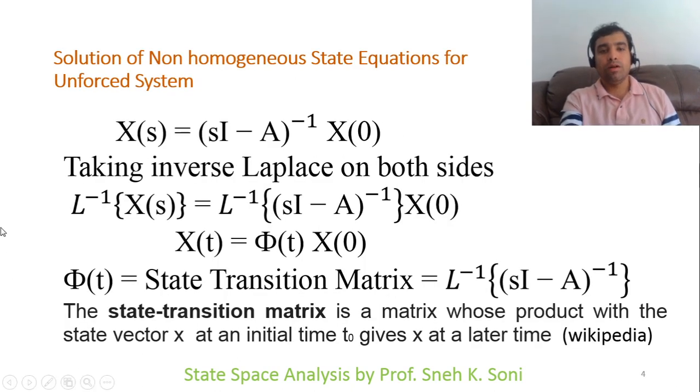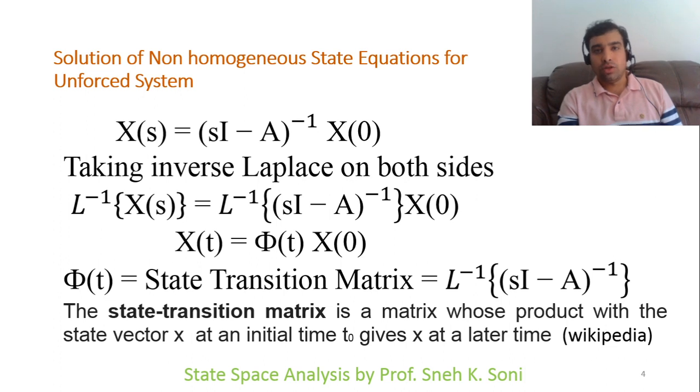Now I will take the inverse Laplace on both sides, because what I require is x(t), and here I am getting X(s). My solution of the equation is x(t). So when I take the inverse Laplace, the Laplace inverse of X(s) equals the Laplace inverse of (sI minus A) inverse into x(0). Here, the inverse Laplace of (sI minus A) inverse I will consider as phi(t), so phi(t) into x(0) equals the Laplace inverse of X(s), which is x(t).